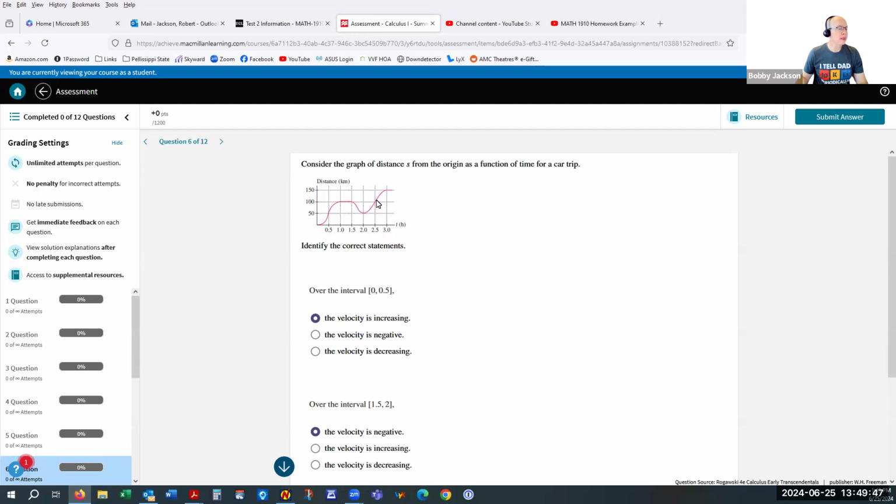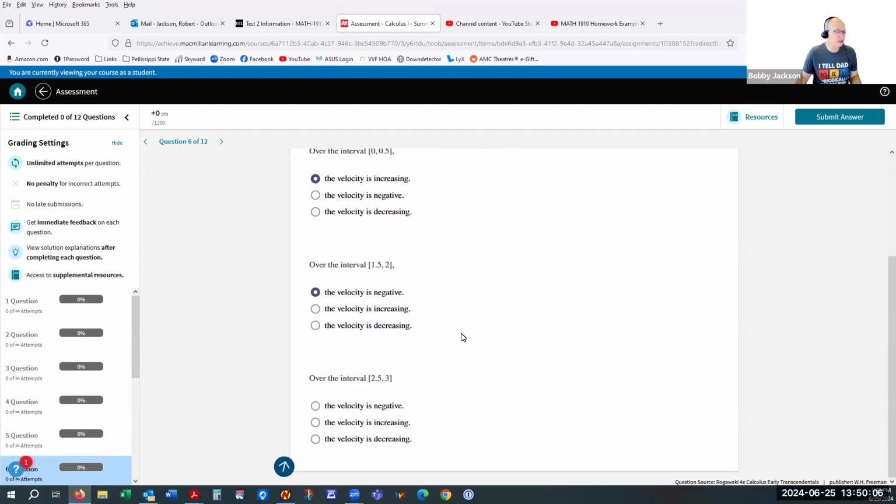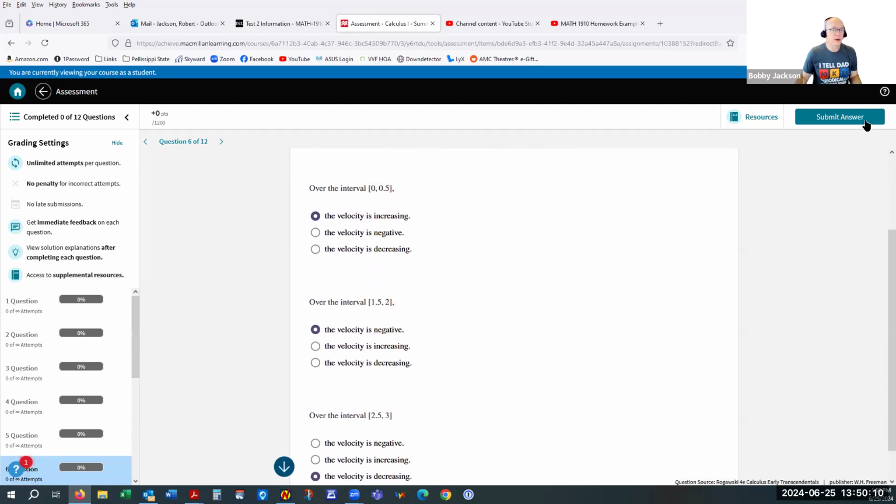The slope is some positive number, but as I move closer and closer to 3, by the time I get to 3, what's the velocity? It looks like it's very close to 0. The tangent line looks very close to being horizontal right at 3 hours. So we're going from a positive number all the way down to 0. Therefore, this derivative is decreasing, and hence the velocity is decreasing.